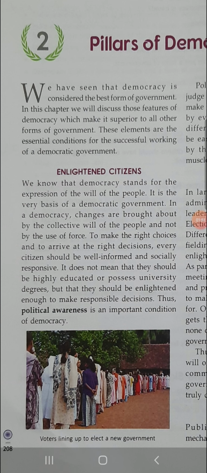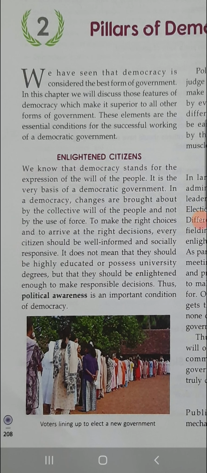First point is enlightened citizens. Enlightened means to give knowledge. We know that democracy stands for the expression of the will of the people. It is the very basis of democratic government. In a democracy, changes are brought about by the collective will of the people and not by the use of force.